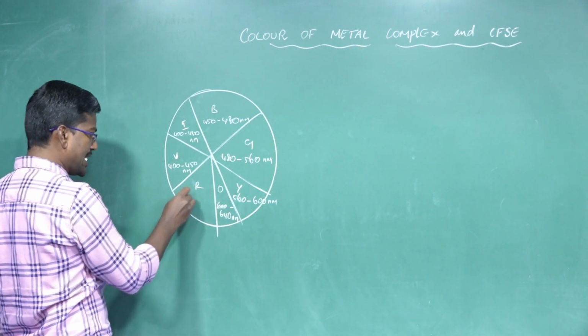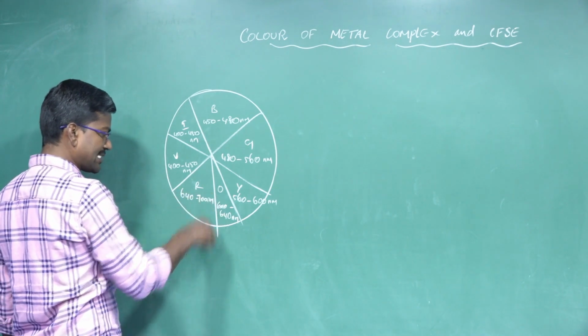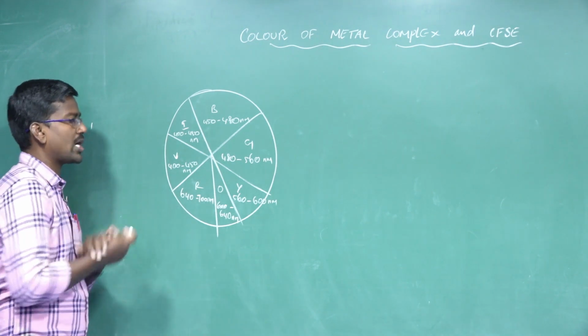Red is 640 to 700 nanometers. So 700 nanometers is the limit of the visible region containing seven colors.